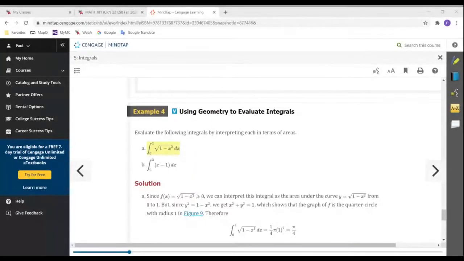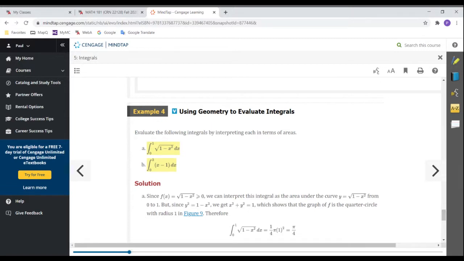Okay, now we're looking at the second part. This is the definite integral from 0 to 3 of x minus 1 dx. So what would be very helpful to do part B here?